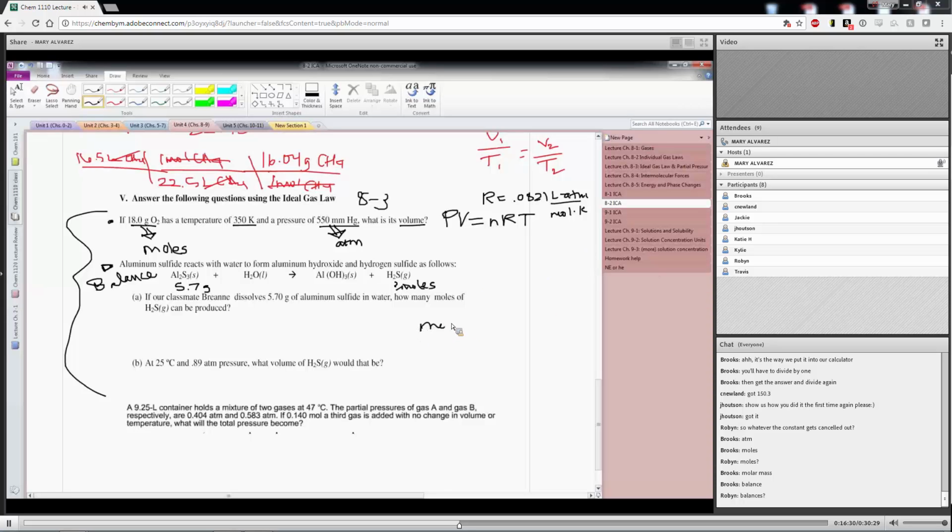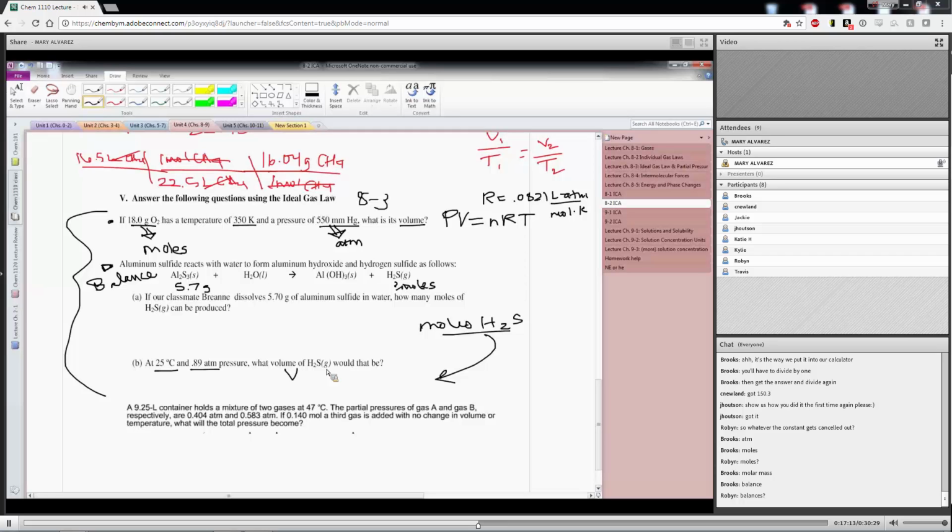Once I find moles of H2S, then I'm plugging it into this one. If I give you temperature and pressure and moles, can you tell me volume? How would I answer part B? You have temperature and pressure and moles of a gas.